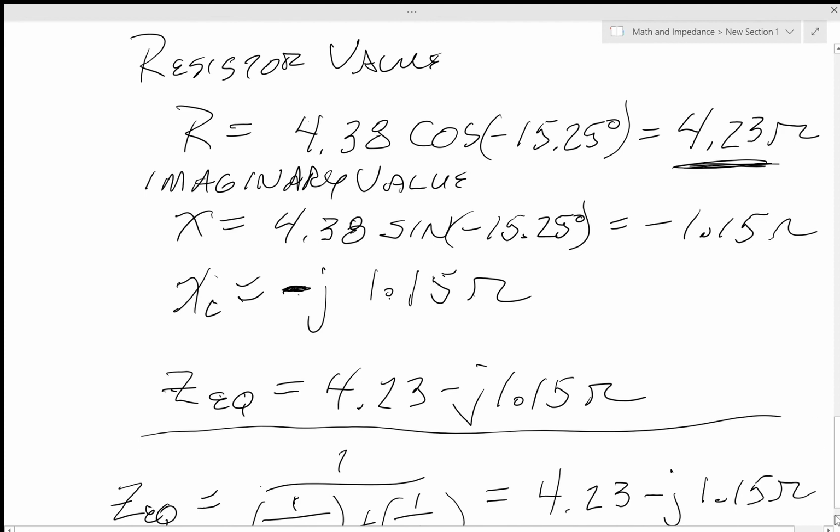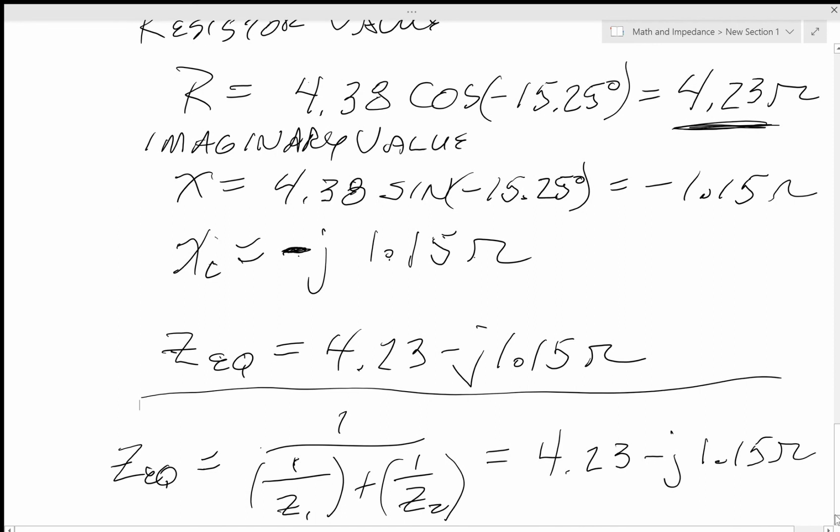So ZEQ in rectangular format is 4.23 minus J1.15 ohms. If I did it in my calculator, the way I like to do it, I would stick in Z1 as a complex number. I would do the parentheses 5 space 5, hit the invert button. Then I would do the second impedance: parentheses, 3 space 4, hit the change sign button, hit the invert button.